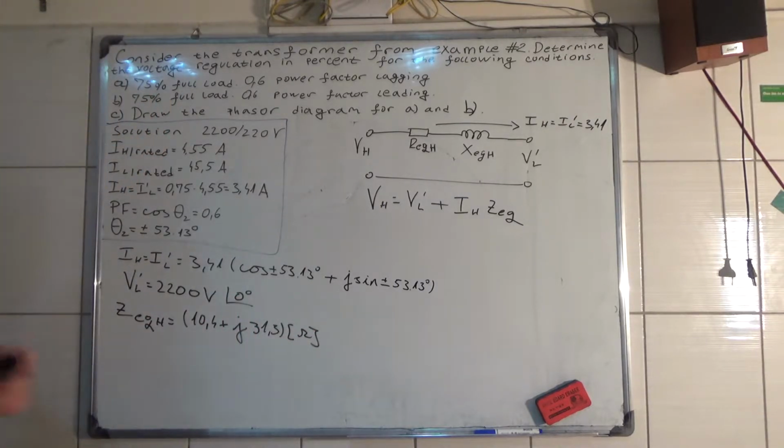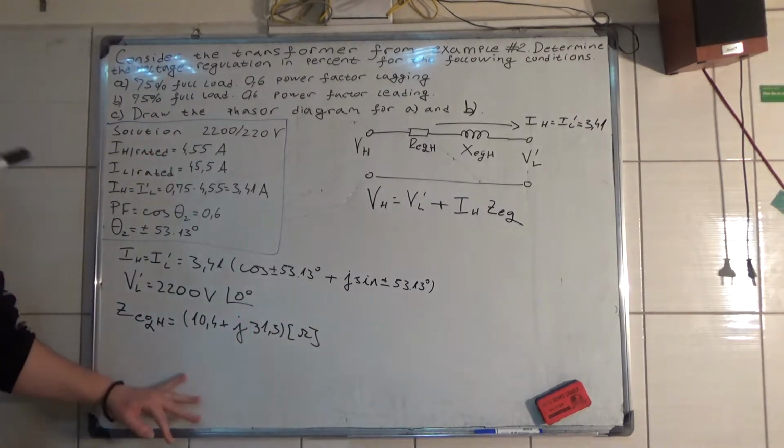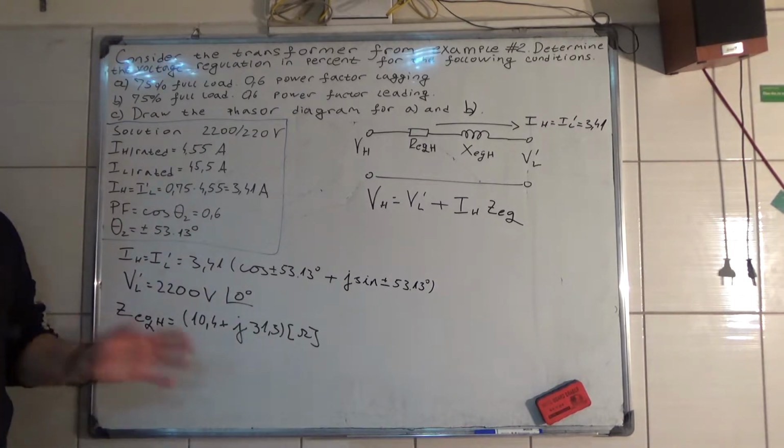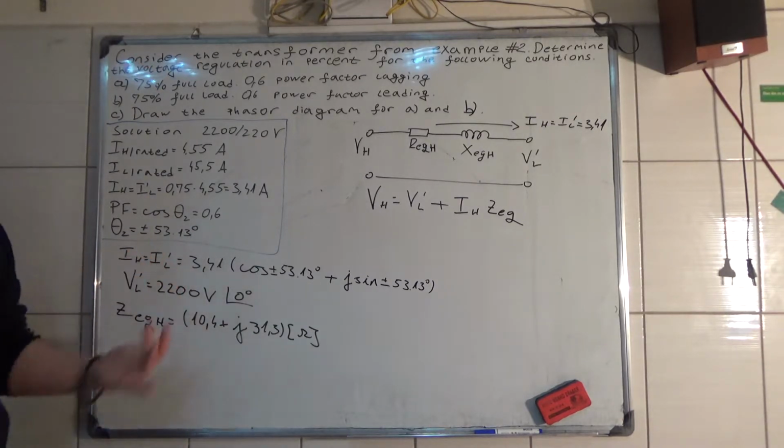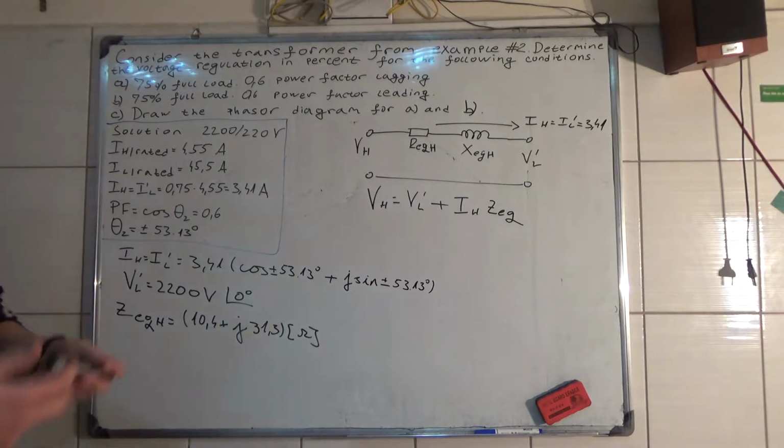So this was the internal impedance from example number 2. You don't need to remember it. I'm just using those parameters for this example.